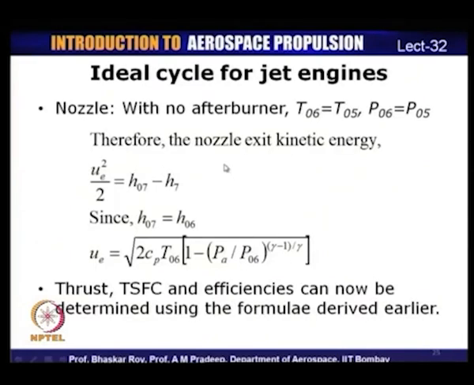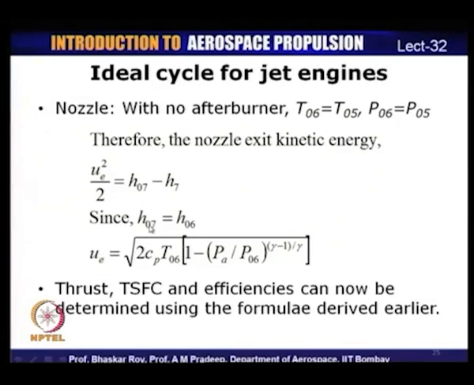So, after the turbine we have the nozzle. If there is no afterburner, we have T06 equal to T05, P06 equal to P05. The nozzle kinetic energy is equal to U_E squared by 2, which is H07 minus H7.